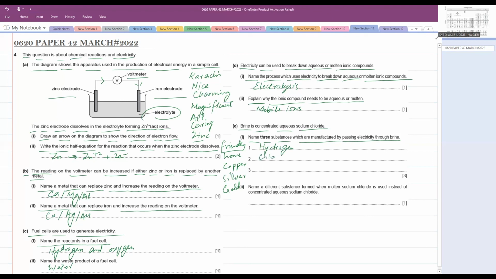Chlorine, because of the high concentration of chloride ions, and sodium hydroxide because of the sodium and hydroxide ions in the solution. Part 2, name a different substance formed when molten sodium chloride is used instead of concentrated aqueous sodium chloride. You'll use the molten form, so you'll get sodium.